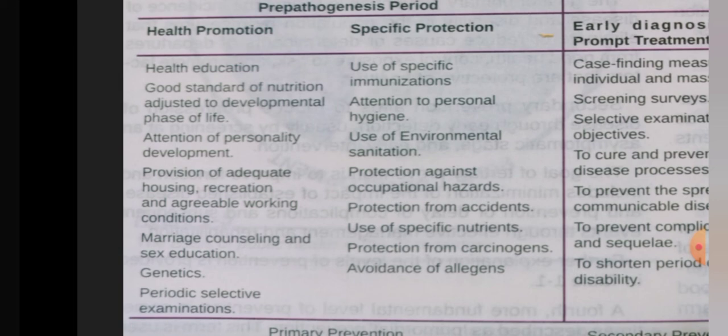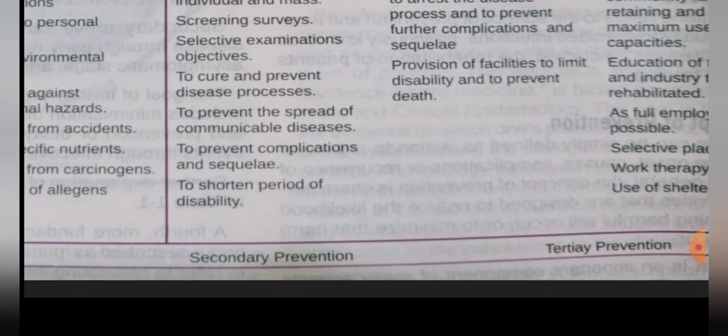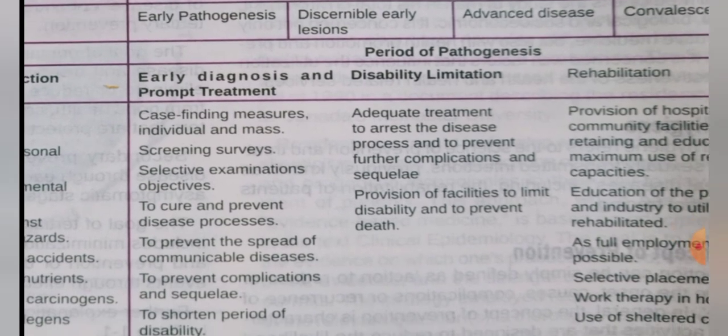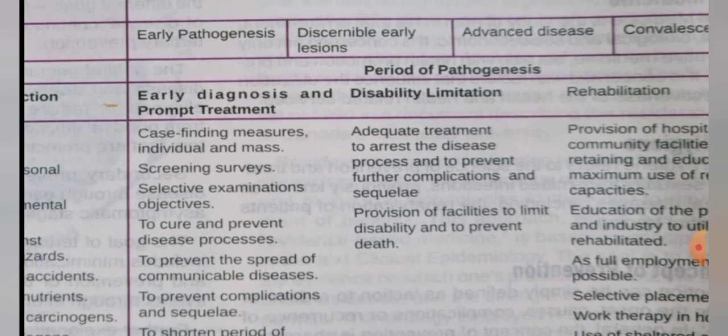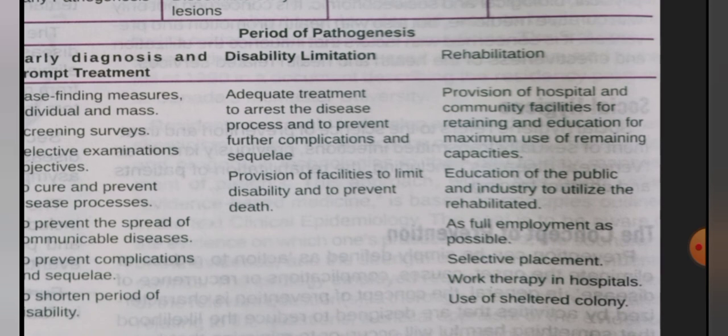Health promotion includes health education and other awareness, selective examination, specific immunization or environmental sanitization, and protection against occupational hazards. Whereas secondary prevention includes early diagnosis and prompt treatment, like case finding measures of individual or mass screening surveys, selective examination to cure and prevent the disease process, disability limitation, adequate treatment to arrest the disease process and prevent further complications.